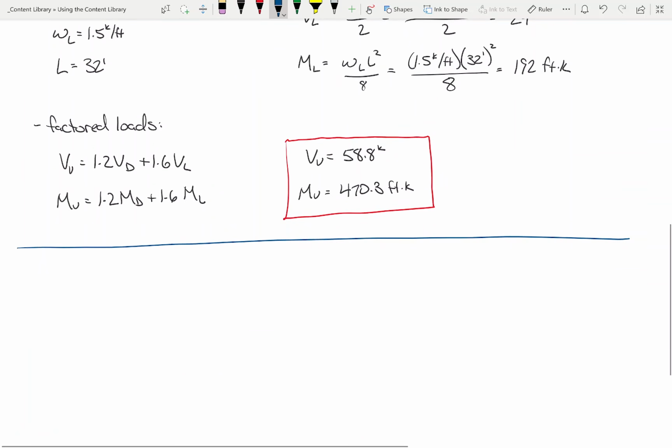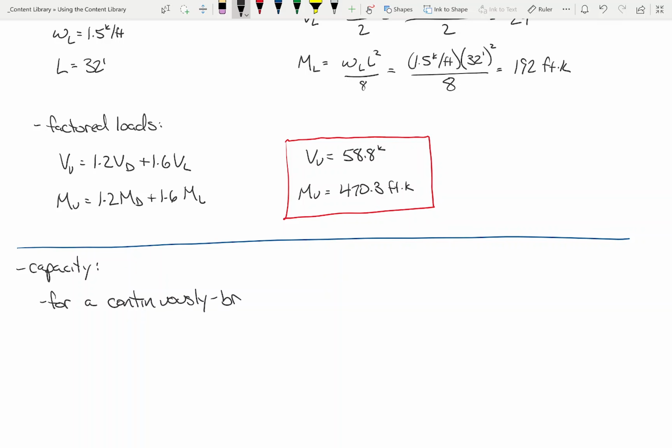Okay, so now that we've done structural analysis, let's look at capacity. We're doing good on time. For a continuously braced beam, what is phi Mn? What did we say it was? Phi Mp?